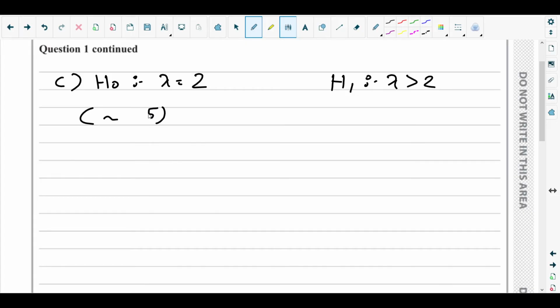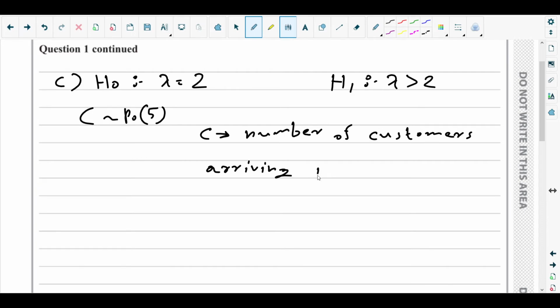Lambda would be 5. Poisson with 5. So C is the number of customers arriving in 25 minutes.